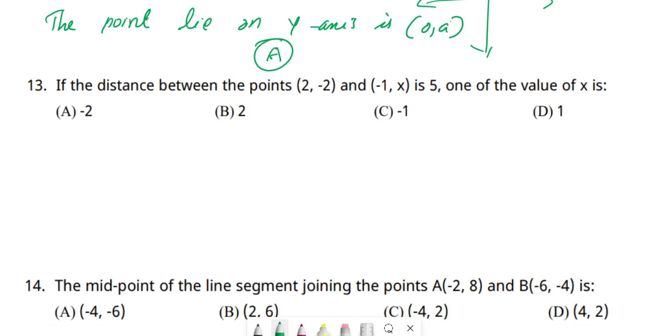Next question. If the distance between the points 2, -2 and -1, x is 5, one of the values of x is dash.